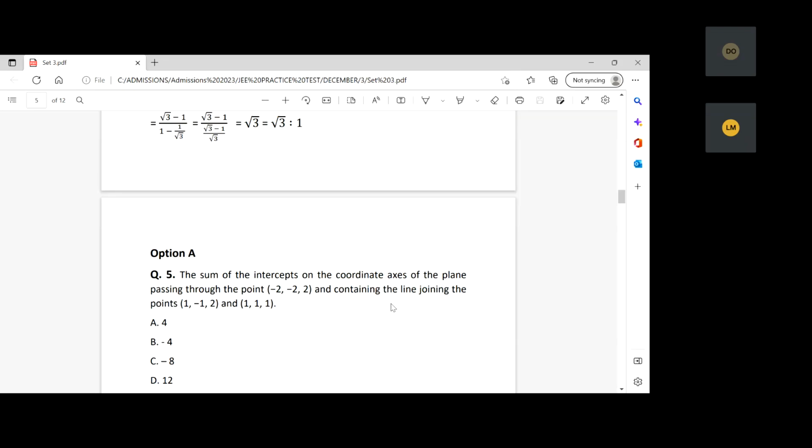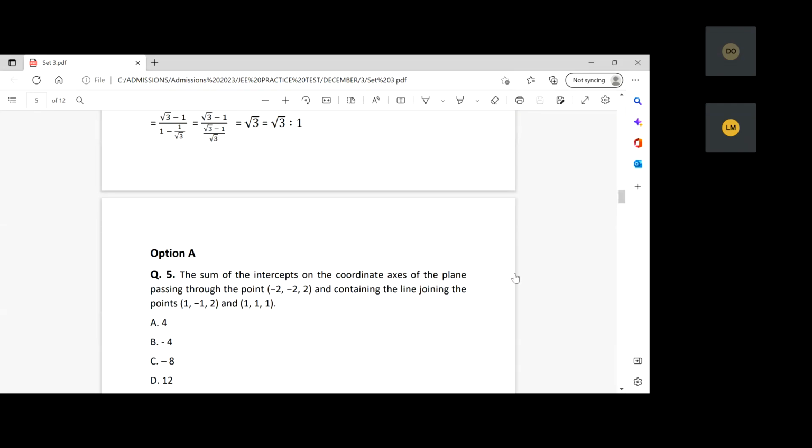Just think how you're going to solve it. If anybody has an idea how to solve it or what the answer is, you can type that in the chat box.